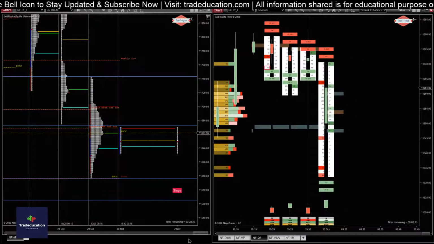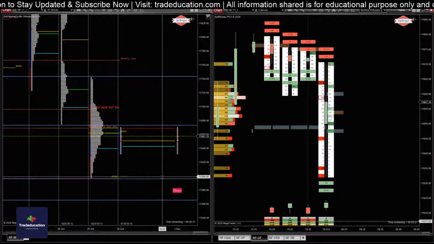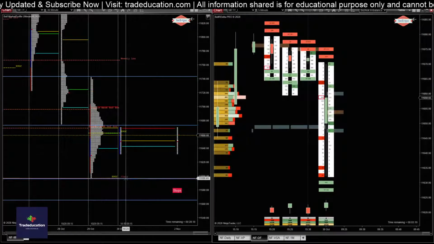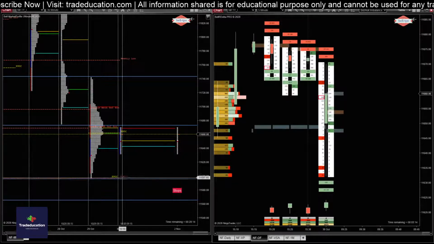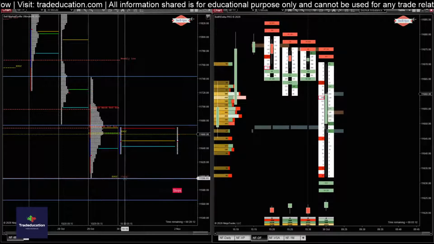Currently there is no trade direction. I'm looking for the low to be tagged because there is a PPOC reference from an intraday perspective. So odds are high that the low of yesterday will be tagged.